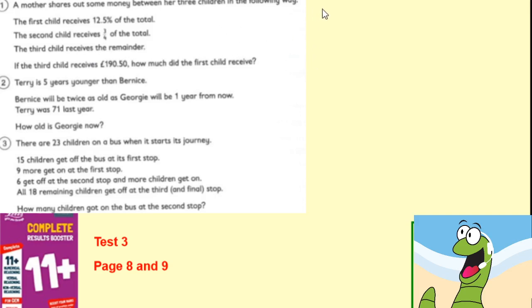So the first thing we're going to do is write it in eighths. 12.5% is 1/8. Okay, so we want to know how much the first child received.